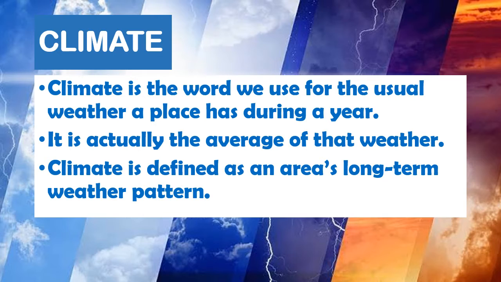So what is the difference between weather and climate? Weather is the state of the air and atmosphere at a particular time and place. It is short term. Weather changes day to day, while climate is the word we use for the usual weather a place has during a year. Climate is long term. Clear?